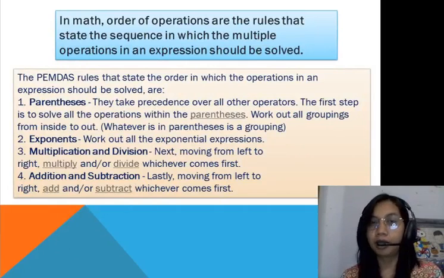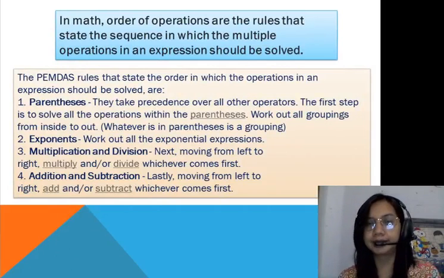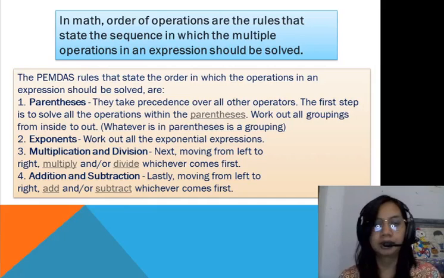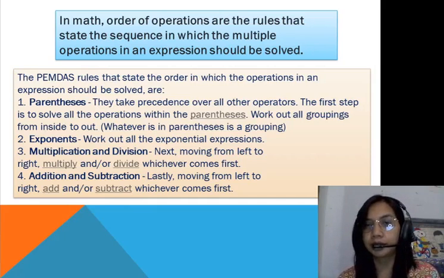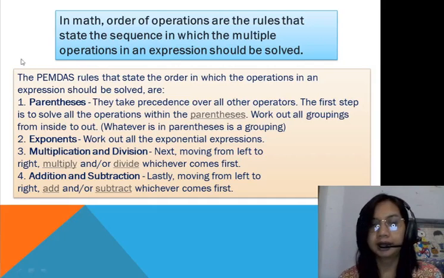In math, order of operations are the rules that state the sequence in which the multiple operations in an expression should be solved. The PEMDAS rules state the order in which the operations in an expression should be solved.